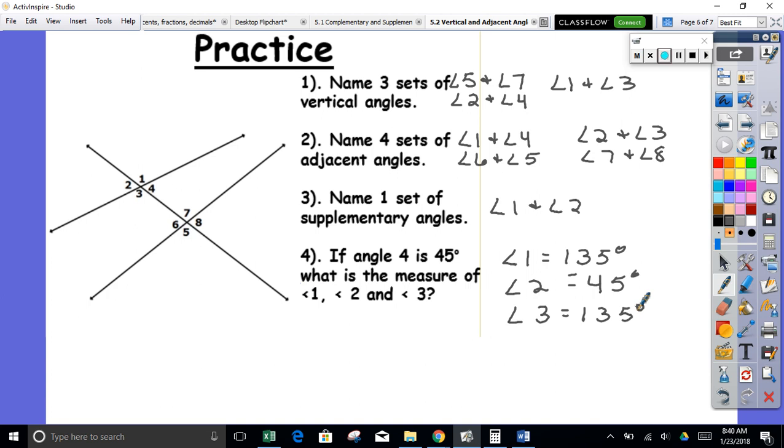Just out of curiosity, if we were to add all of these angles together, angles 1, 2, 3, and 4, what would we get? Katie? 360. There are 360 degrees in a complete revolution, so in a circle, so we would get 360 degrees. Also, you can think there's 2 straight line halves, each of which is 180, and 180 plus 180 is 360.